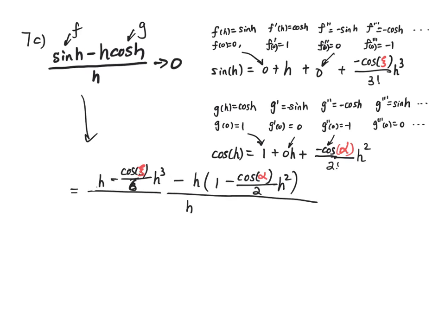For the next one, I'm gonna quickly copy that down here. For the next one will be h plus cosine alpha divided by 2. And by the way, this is psi. Let's distinguish those two different symbols.